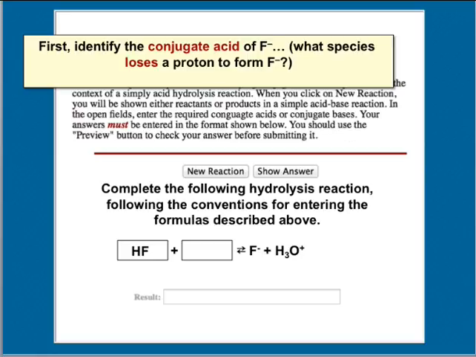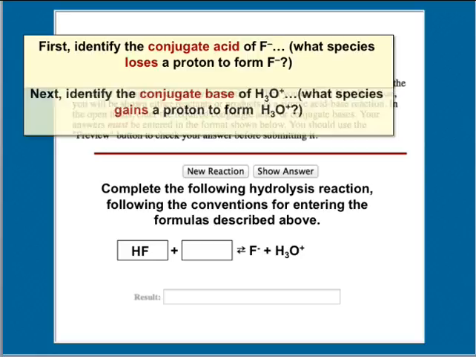Look at the water or hydronium here. What's the conjugate base for hydronium? Conjugate base will have one less proton, won't it? So H3O plus minus one proton is simply water.